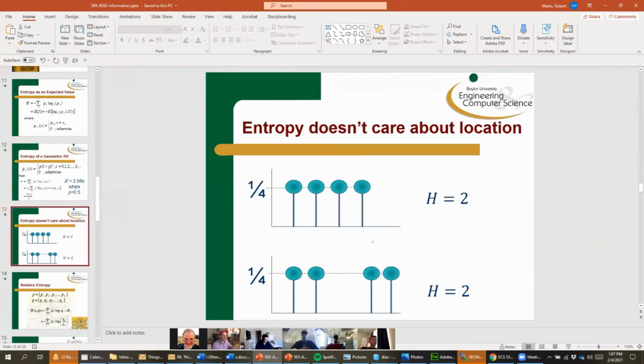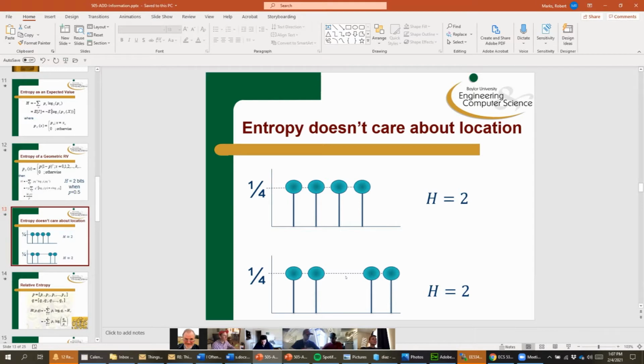Here's one thing that's interesting about entropy. Entropy doesn't care about location. It only has to do with probability. It doesn't care where that probability is at. The probability only has to be there. So on the top, we have 4 equally spaced, uniformly distributed probabilities. That has an entropy of 2.